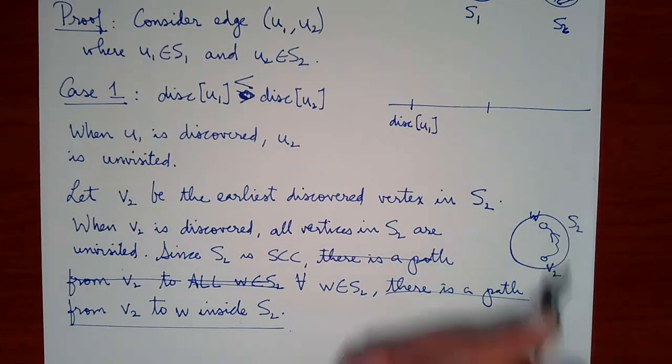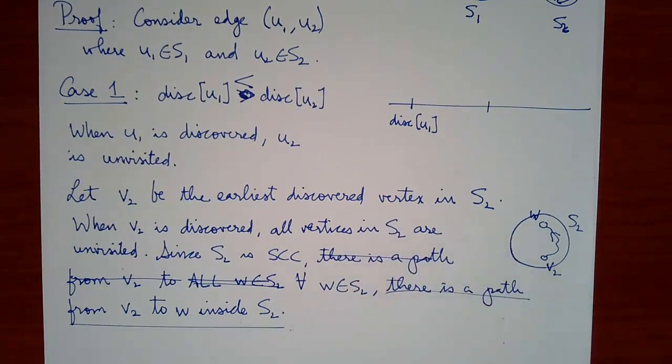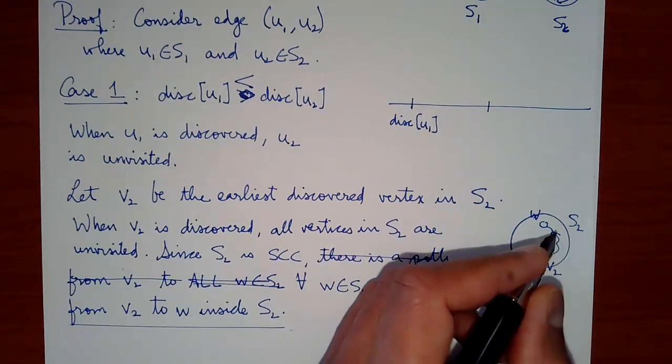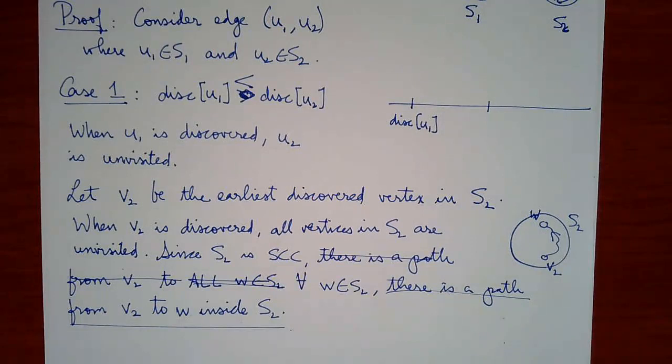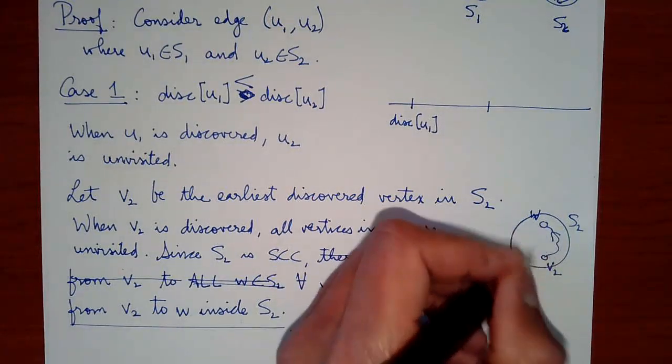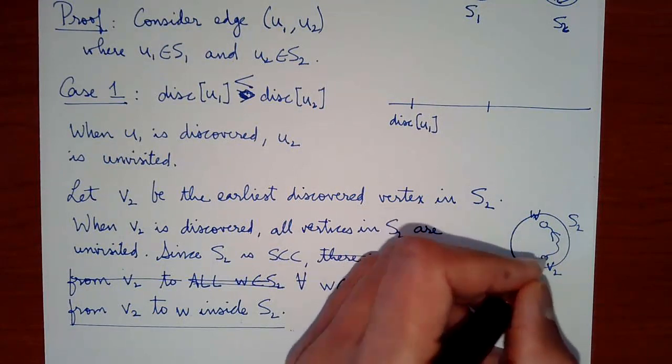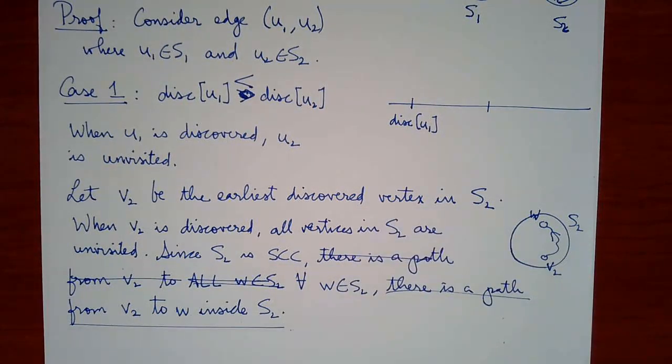Because if you look at the definition of strongly connected, you'll see that if there is a path from V2 to W, then all those vertices are also going to be in the strongly connected component because they can get to anywhere. They can get to W, and W can get back to V2, and V2 can get to all those vertices.